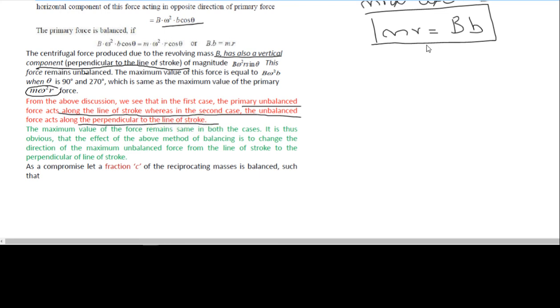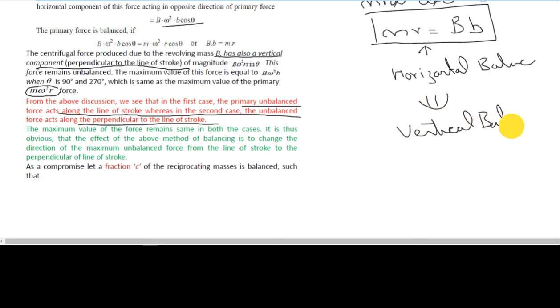So if we balance the horizontal part of the unbalanced force, what we will get is a vertical unbalanced force. When we balance the horizontal component of the primary force, we will be left with a vertical unbalanced force, which is B b omega square sin theta.